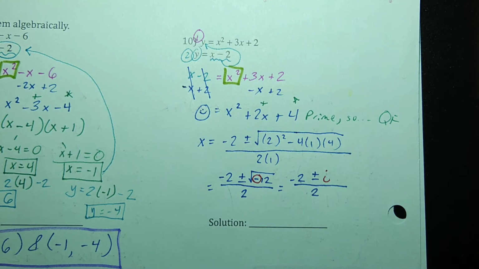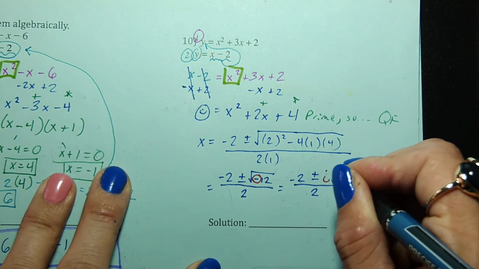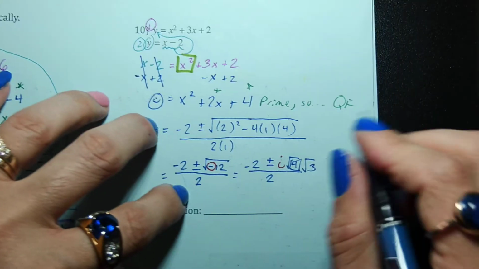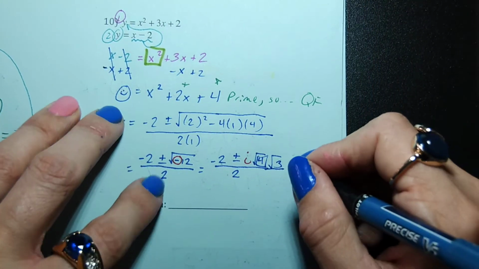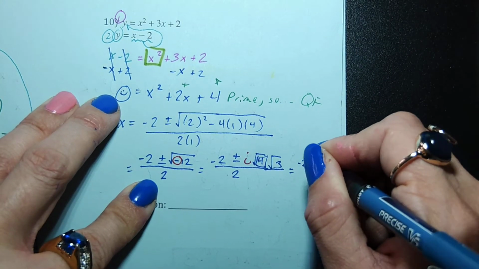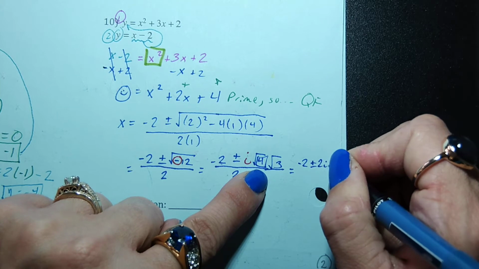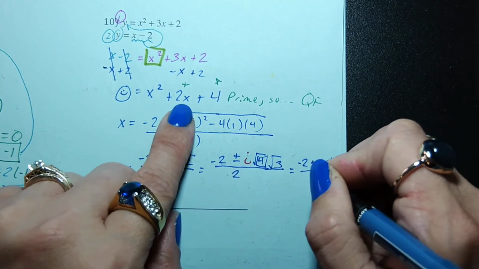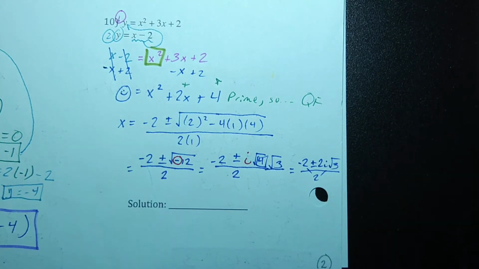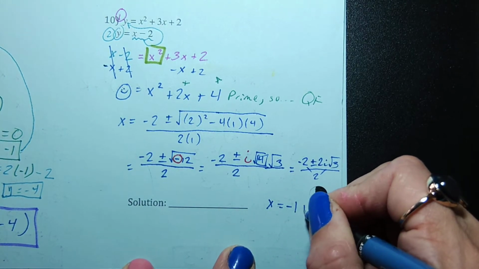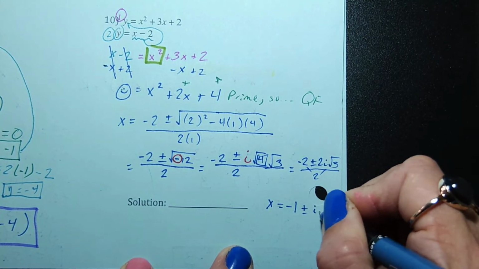So 4 is the biggest perfect square I can divide out, and 3 is what's left over. So then we get negative 2 plus or minus the square root of 4, which is 2, so 2i square root of 3, all over 2. Now we get to do division and distribution. And x equals negative 1 plus or minus i radical 3.